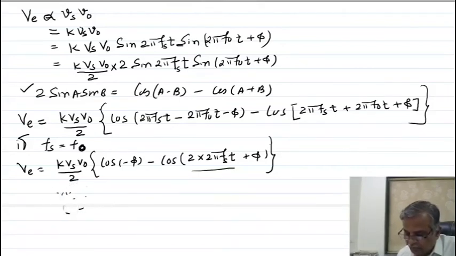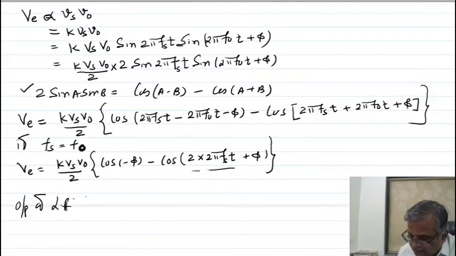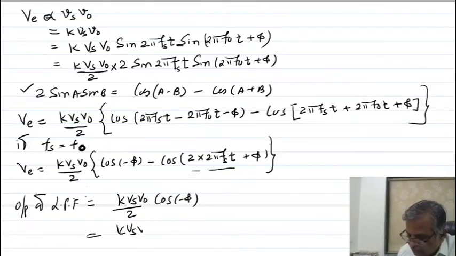The higher frequency term is removed by the low pass filter, and the output of the low pass filter is only K Vs Vo by 2 into cos minus phi. You know that cos minus phi is cos phi.